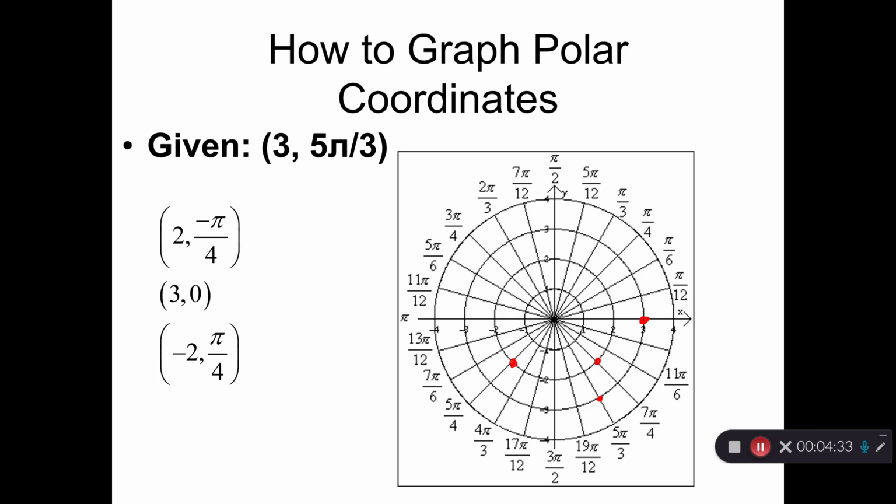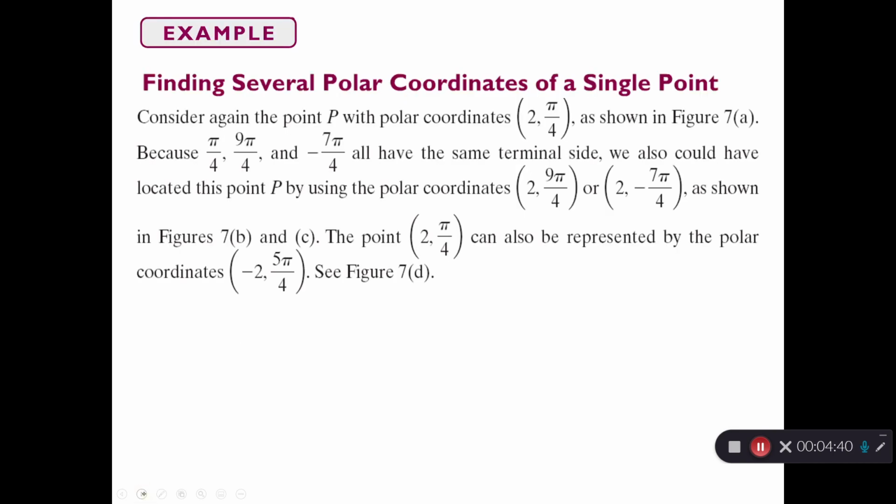Now, one interesting thing about polar coordinates that is not available in rectangular coordinates is that there are a multitude of different number names for the same location. For example, if we have 2 comma pi over 4, which we said before was right here, I can add 2 pi to my angle.